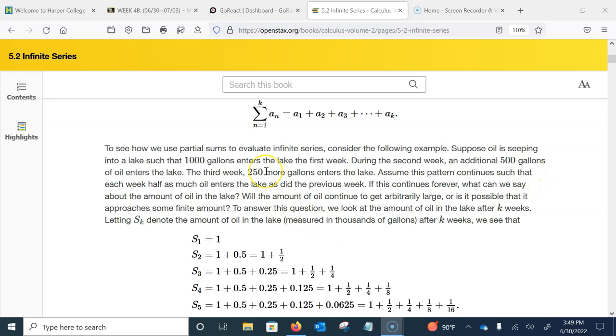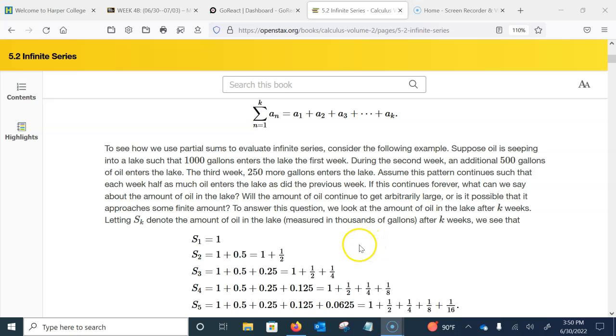The third week is 250, etc. So the fourth week would be 125, and this pattern would continue. So we could look at the amount of oil in the lake, and instead of having the number 1,000, we could call it 1, with 1 being 1,000, 0.5 being half of 1,000, etc.